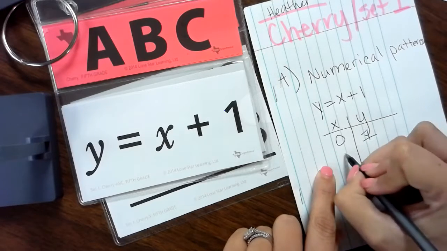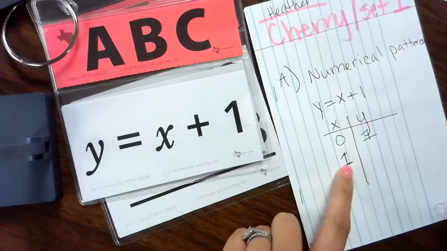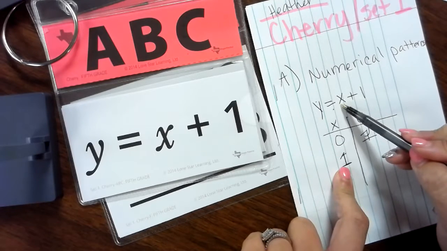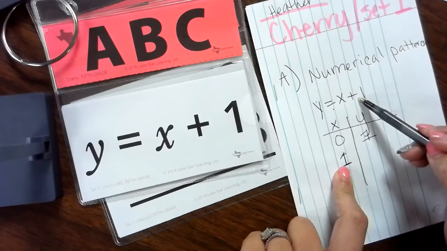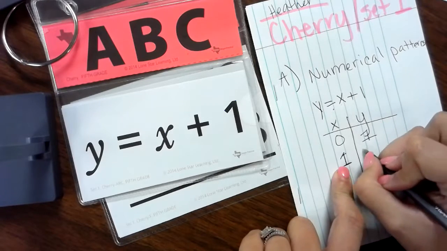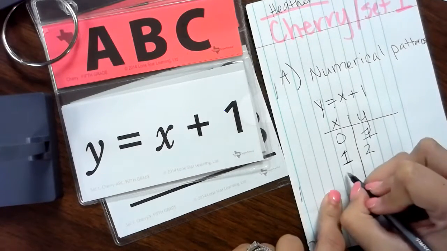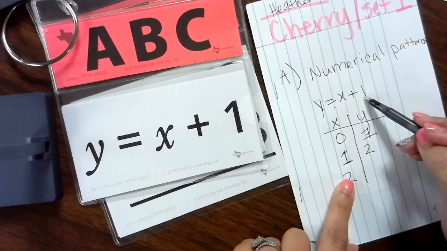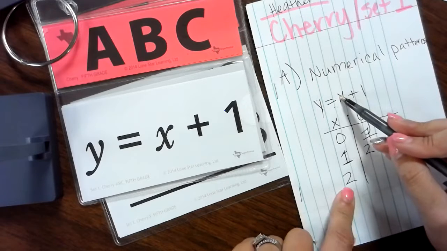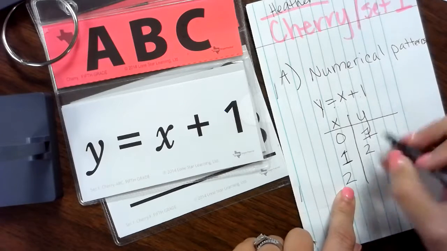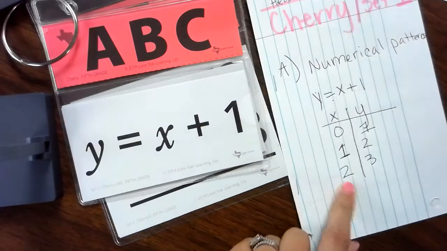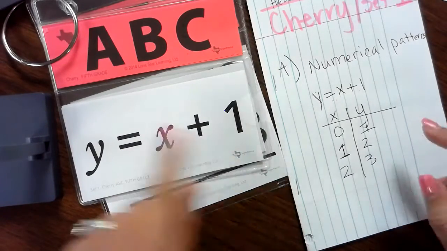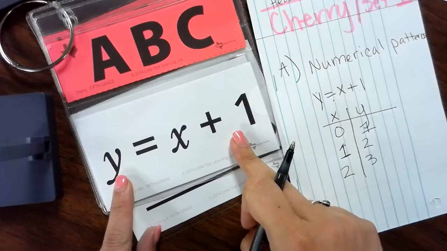And if I make x 1, then y will be, well, if I plug in the x is 1, add the 1 and y will equal 2. And if I make x 2, 2 plus 1, so the x goes here, which is 2, plus 1 would make y equal 3. So that's all I'm doing. I am making a numerical pattern using the formula that they gave me here.